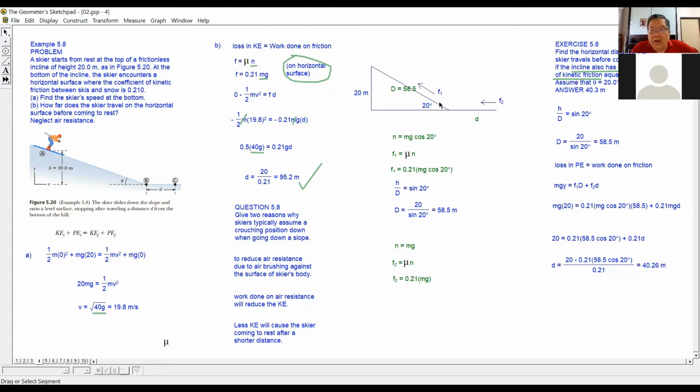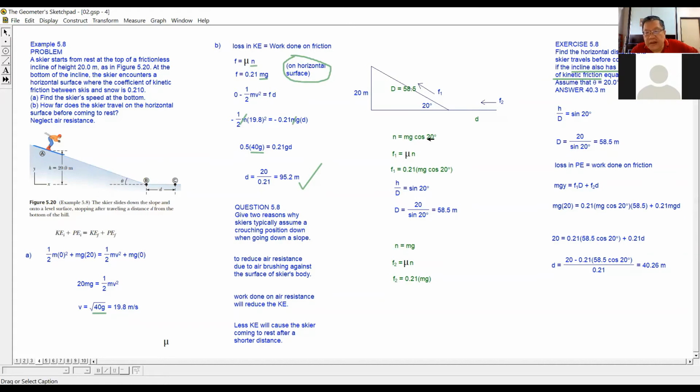Now I'm going to calculate the work done against friction F1. We know that F1 is mu n, where mu is the coefficient of friction and n is the normal reaction. Along the slope with an inclination of 20 degrees, the normal reaction is perpendicular to the inclined plane, so it is no longer mg.